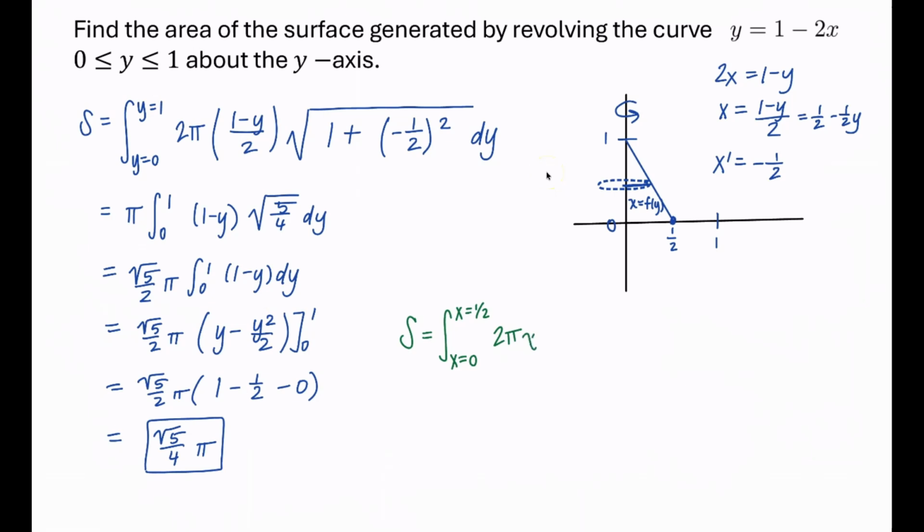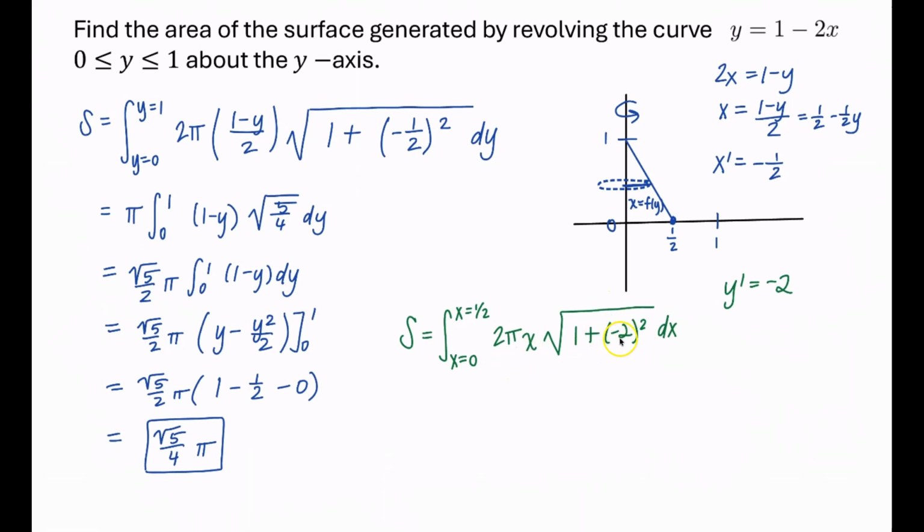So it's going to be 2 pi x, and then the square root of 1 plus, and then I need the derivative of this original function. So I need y prime of x to go right here. So let's go ahead and bring that down. So y prime is just negative 2. So we're going to have negative 2 squared and then dx.